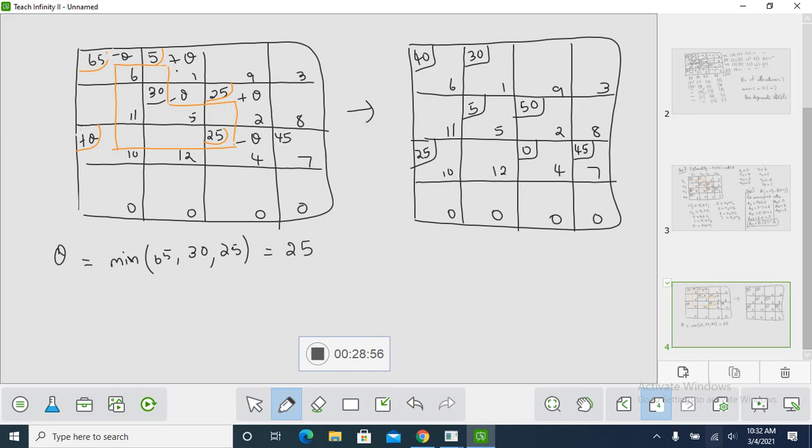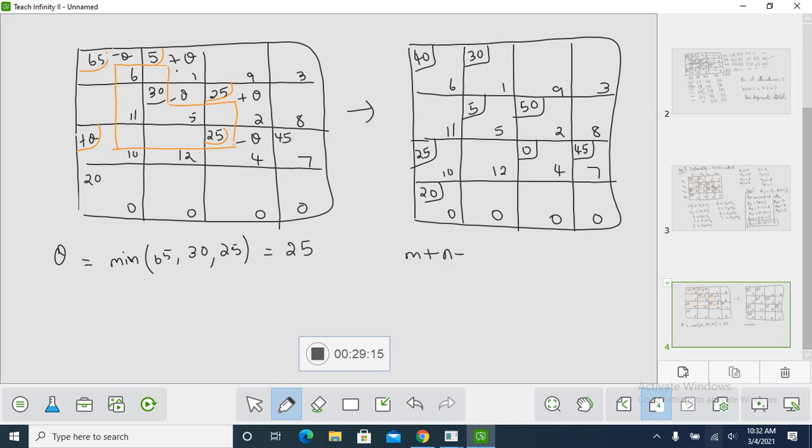Yes, we have a 40, we have a 30, we have 5, 50, 25, 45. And in the last position, I left out the allocation we had here was 20, so that 20 also remains undisturbed. So the number of allocations is 1, 2, 3, 4, 5, 6 and 7.